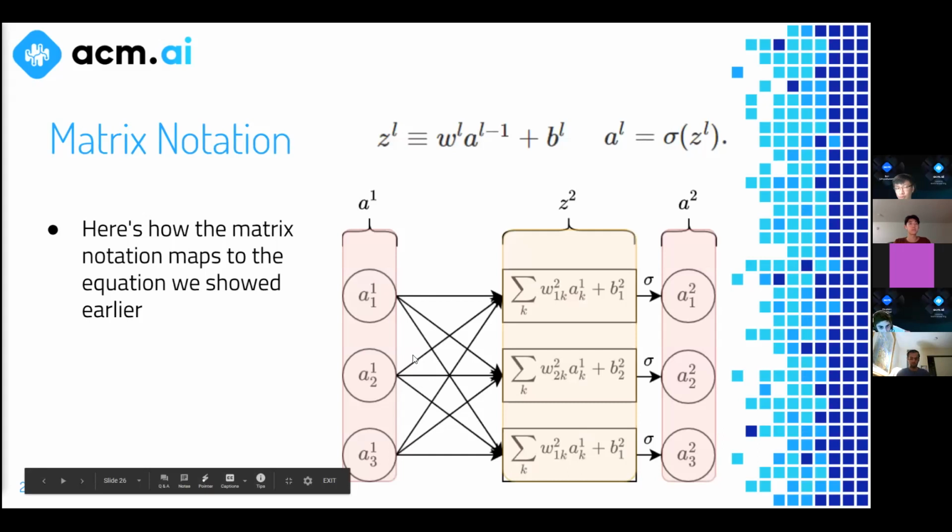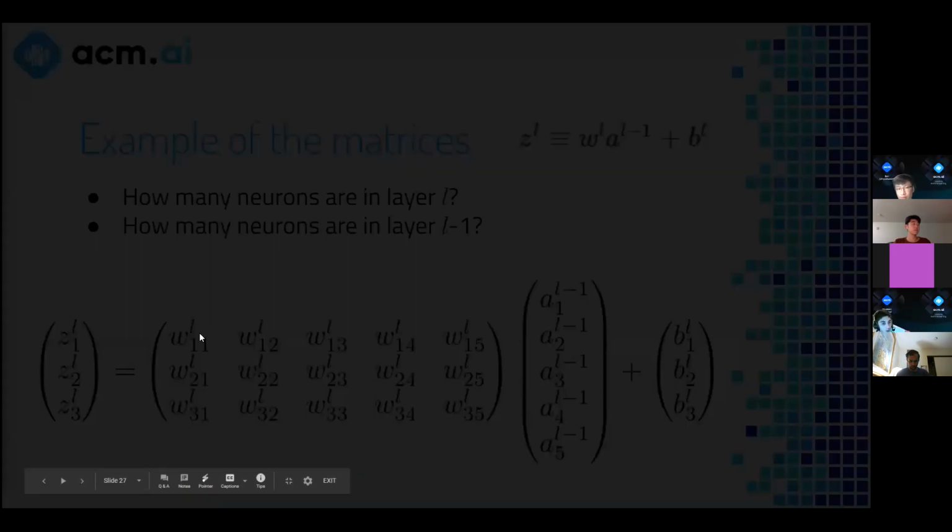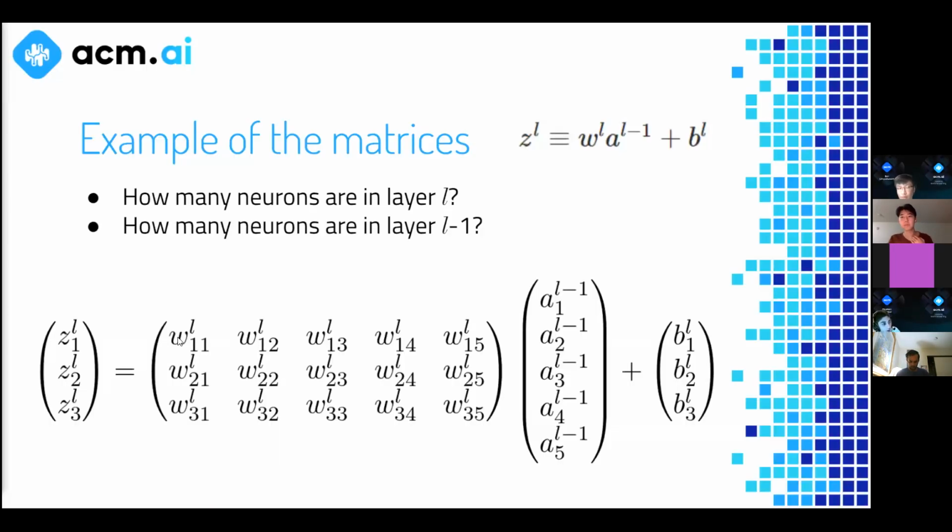Every neuron in the previous layer has to influence every neuron in the next layer, right? So if there are 5 neurons in the previous layer, there need to be 5 weights that connect each neuron in the layer we're trying to calculate to all of the neurons in the previous layer.